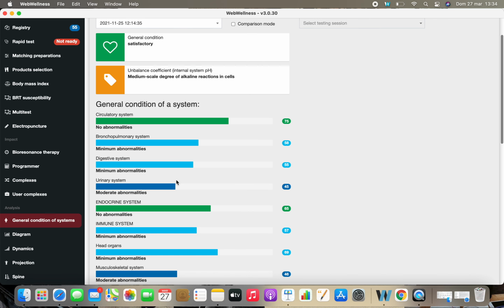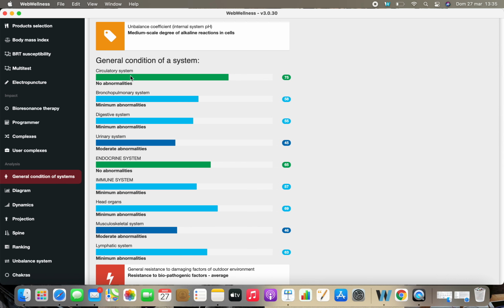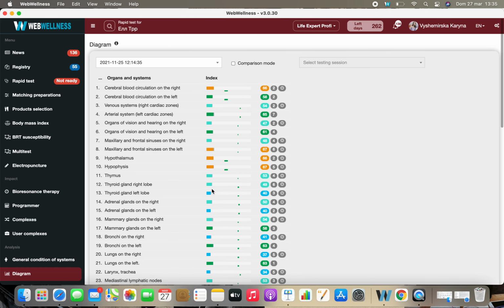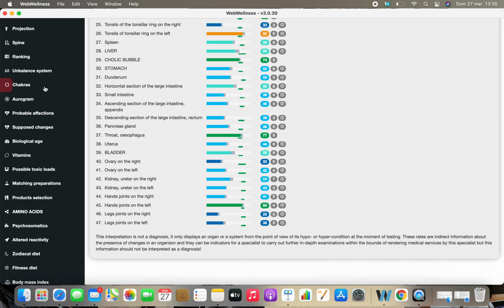So you can either take into account the advice I give, or people who use the system regularly, doing the test a few times a week, just go to the first page to see the system, the second page to see the organs, maybe they go to the psychosomatic or something else they are interested in specifically, and then they just create a report.